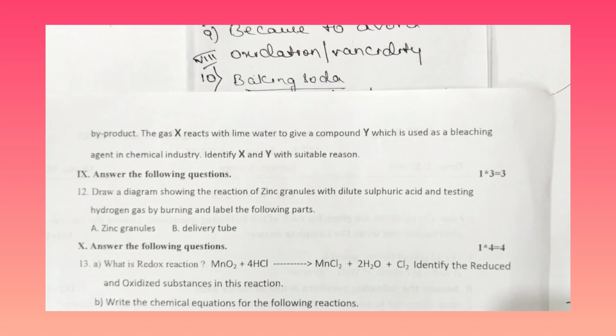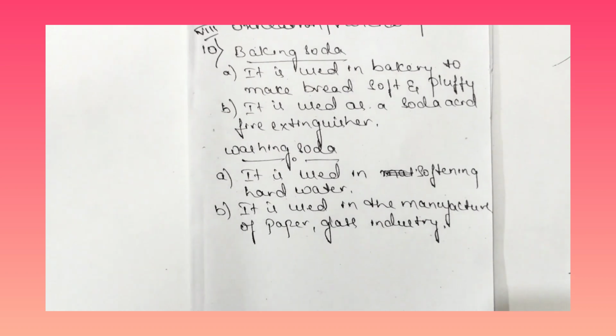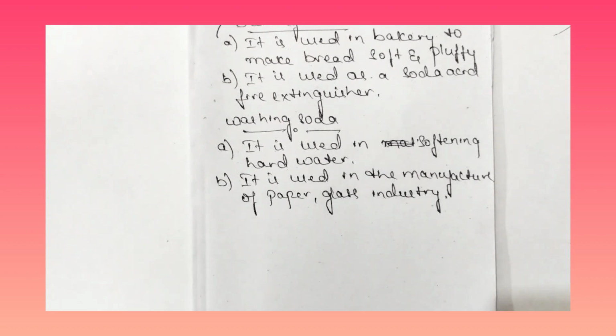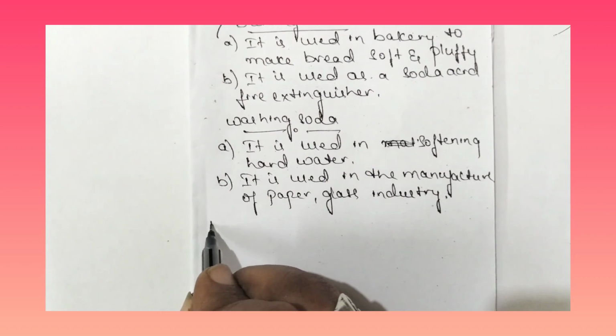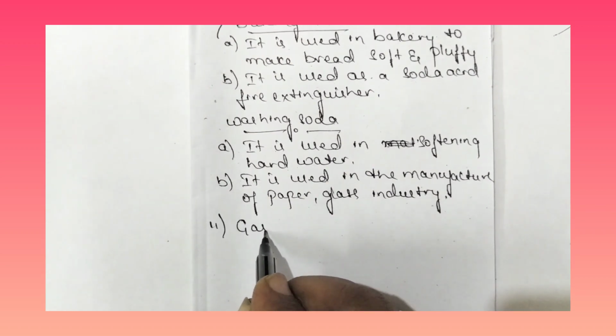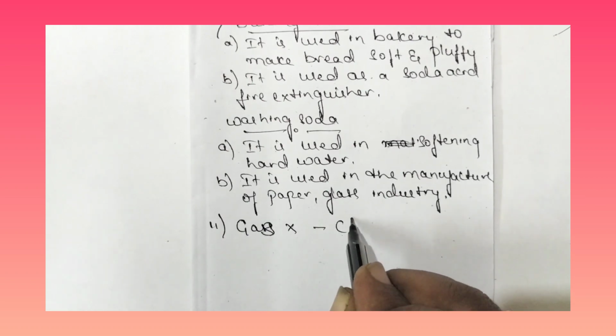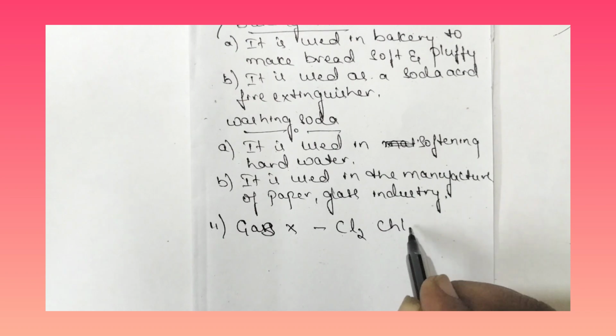So now let us answer this question. In one of the industrial processes used for manufacture of sodium hydroxide, a gas X is formed. This is the 11th question. The name of the gas X is Cl2, that is chlorine gas.